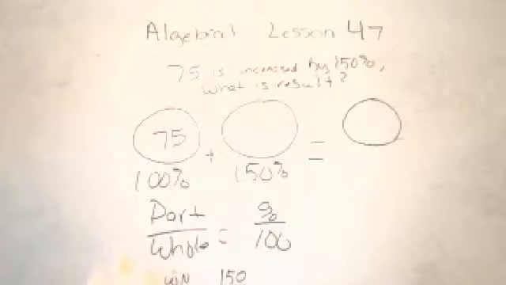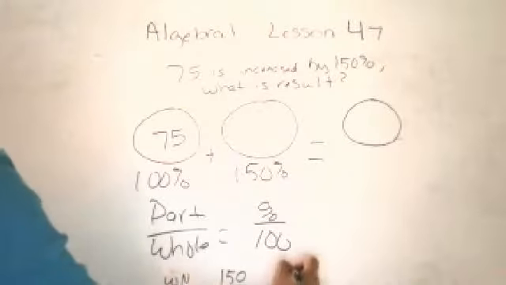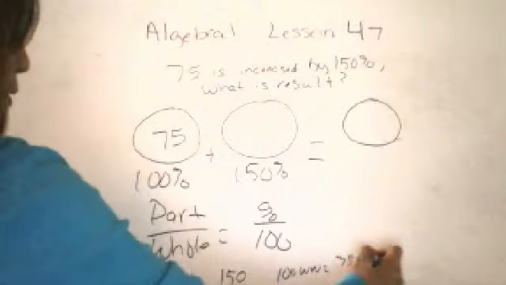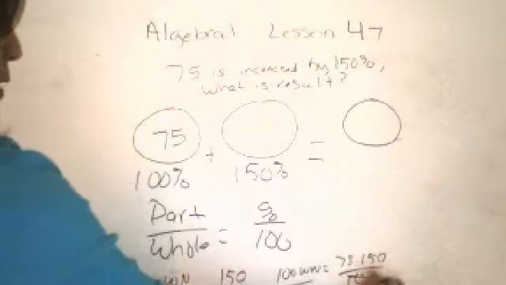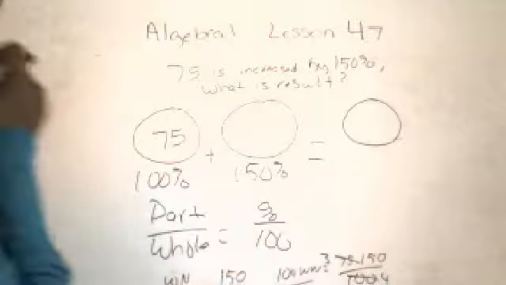There's two ways of doing it. You can do it that way to figure out what 150% of that is. So you get 100 W_N equals 75 times 150. And then divide both sides by 100. And then 25 goes into there 3 times, 4 goes into there.